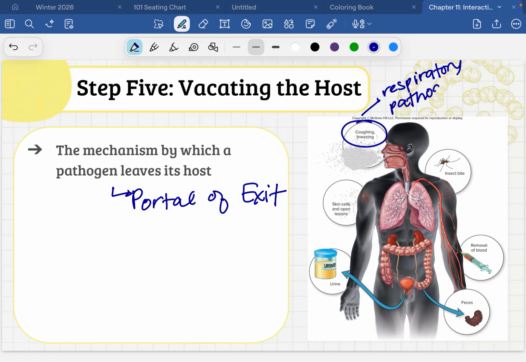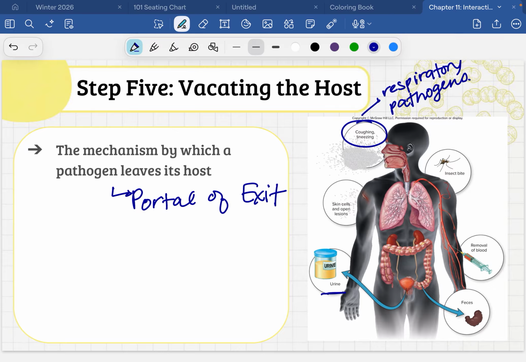Things like common colds, influenza, strep throat, all of that fun stuff is going to be passed through coughing, sneezing, aerosolized bacteria or viruses going into the air and then going into somebody else's respiratory cavity.